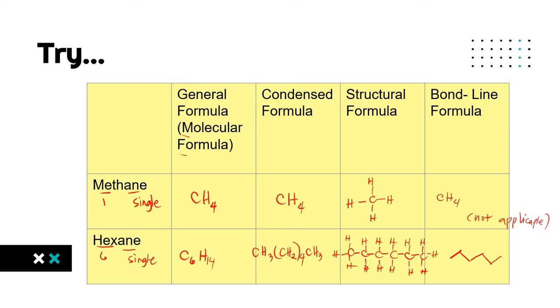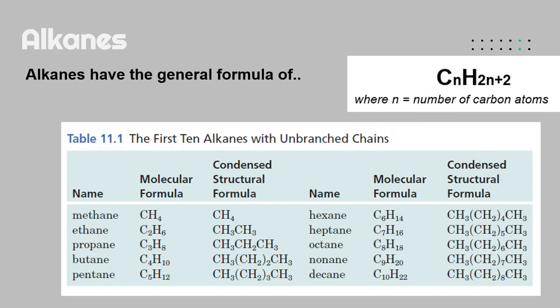Okay, so if you notice the patterns, we can get the general formula for alkanes. Properly it is written as CnH2n+2. That means if you have the general formula CnH2n+2 for alkanes, we can easily predict it.